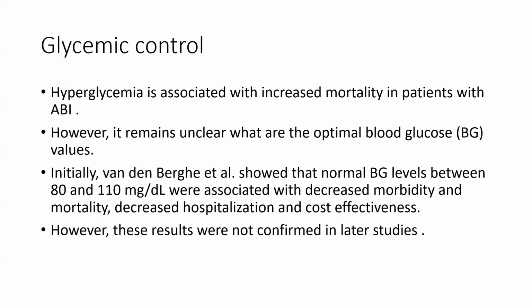About glycemic control, hyperglycemia is associated with increased mortality. It remains unclear what the optimal blood glucose level is, but it has been shown that normal blood glucose level between 80 to 110 is associated with decreased mortality, morbidity, and decreased hospitalization.